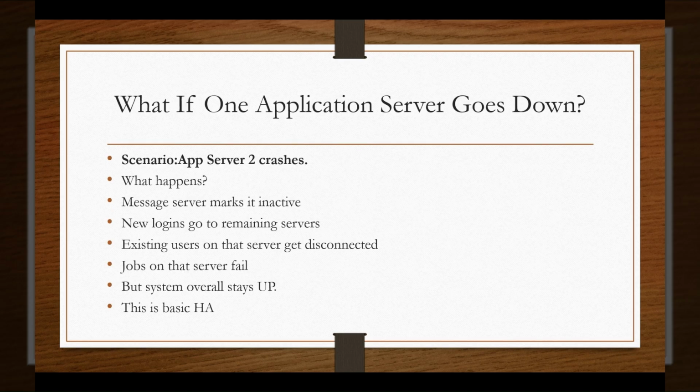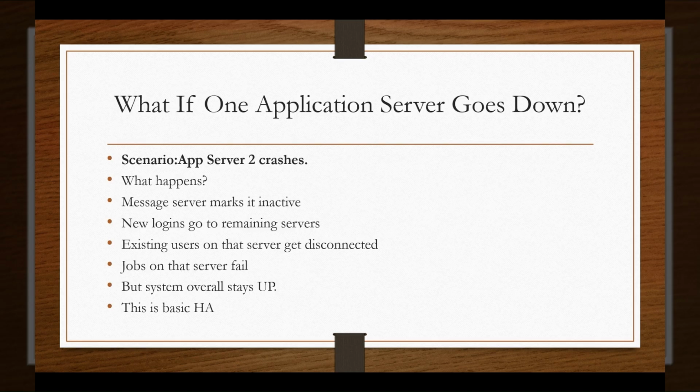Now, if the app server crashes, here we are talking about the central instance. Every system will have only one central instance. If the central instance goes down, the message server will not be working, and the lock and NQ server will not be working.